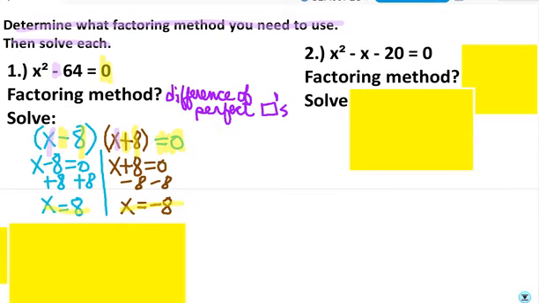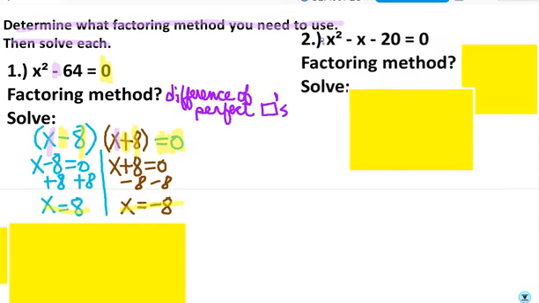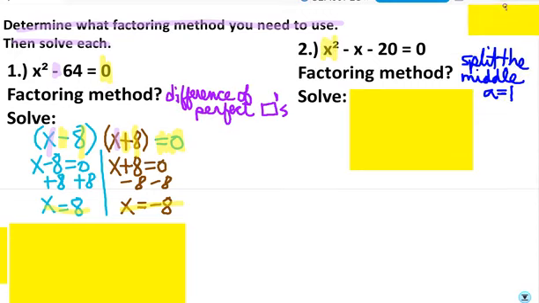For number 2, I have a quadratic, and in my quadratic, there is no coefficient I see in front of x squared. If there's no coefficient in front of x squared, that coefficient is 1. So this is a split the middle problem where a equals 1. So I want two numbers that multiply to negative 20. Those same numbers have to add to negative 1. So those numbers are going to be 5 and 4.